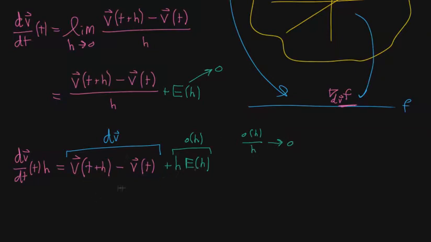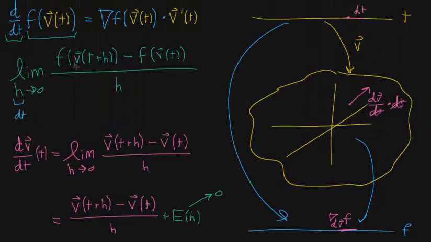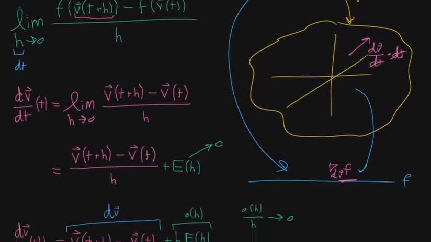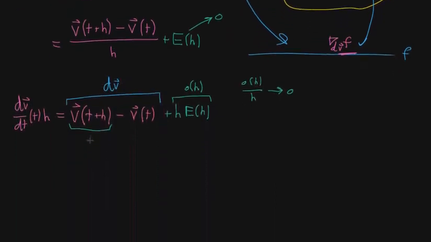So now what I do is I use this entire expression to write this v of t plus h. And the reason I want to do that, if we scroll back up, is because we see v of t plus h showing up in the original definition we care about. So this is just a way of getting a grapple on that a little more firmly.